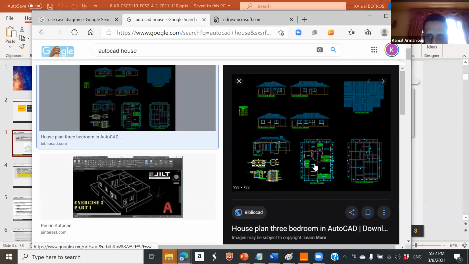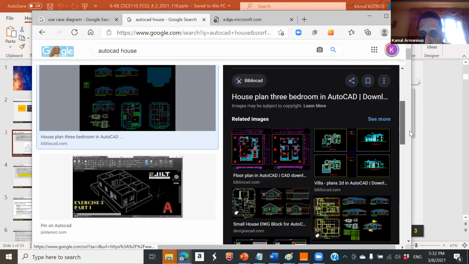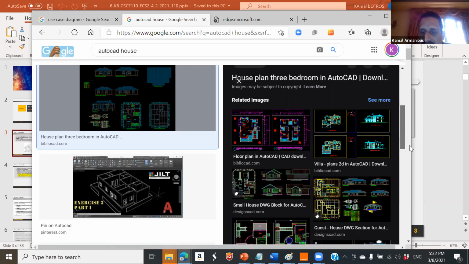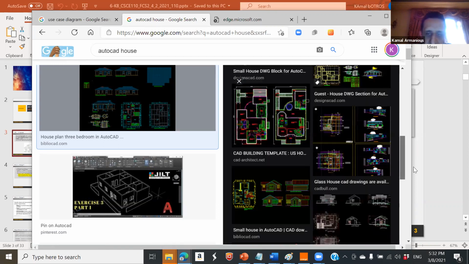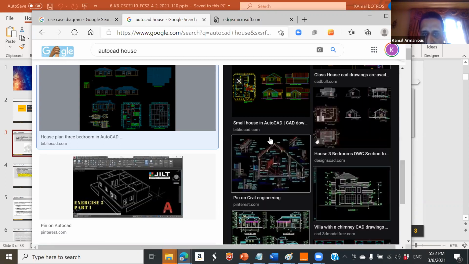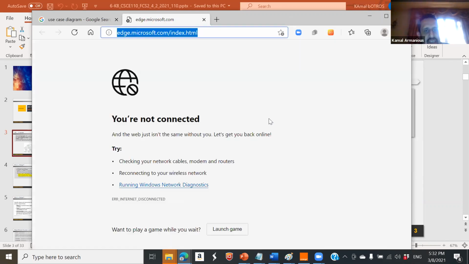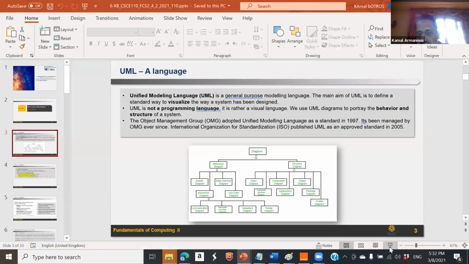So this is basically your home. And then if you focus, of course, there will not be one drawing, there will be several drawings. So if you focus on this room, you will have anything and everything related to the design of the house and the design of your room. So this is basically if you want to design a house.